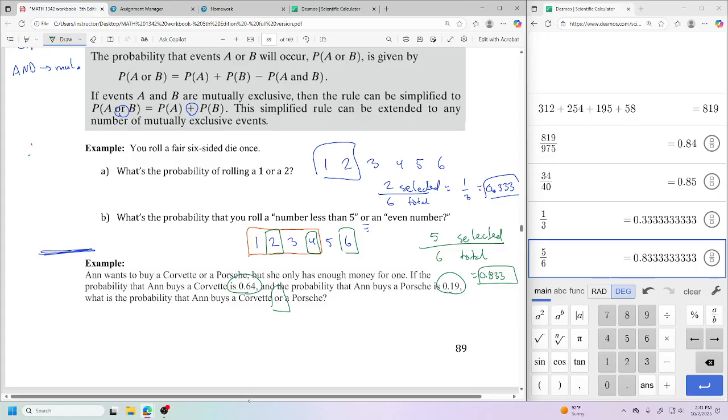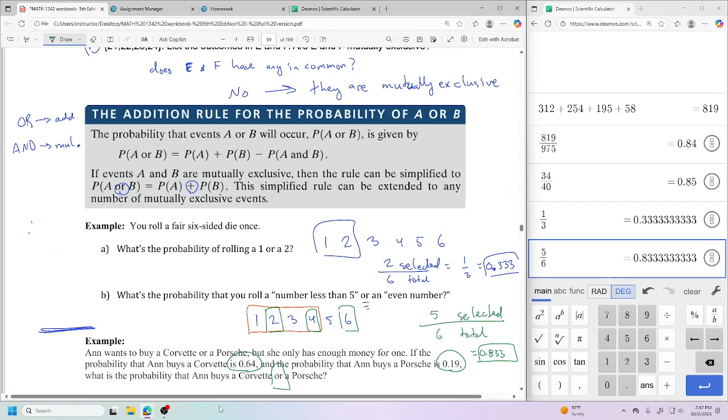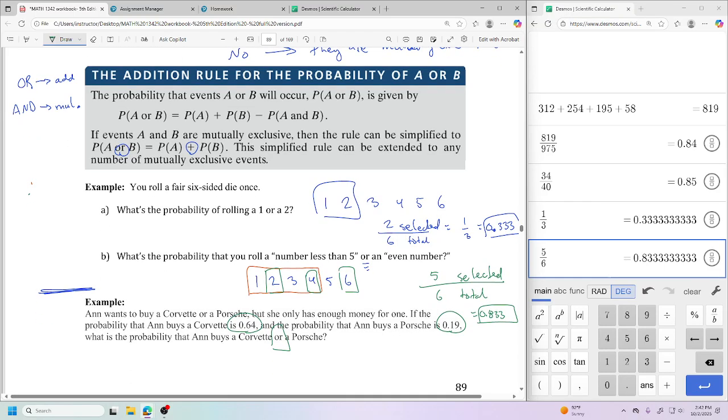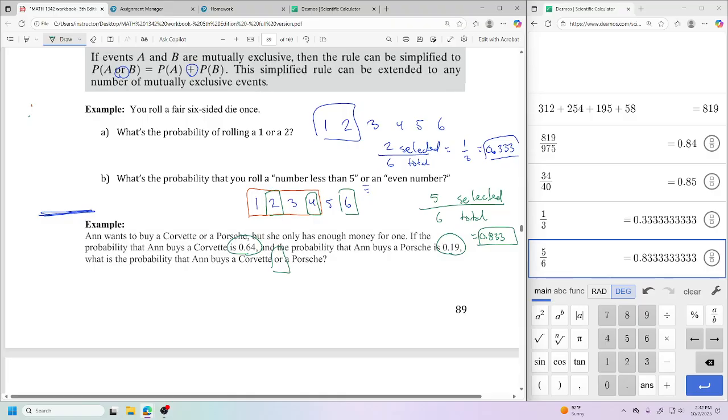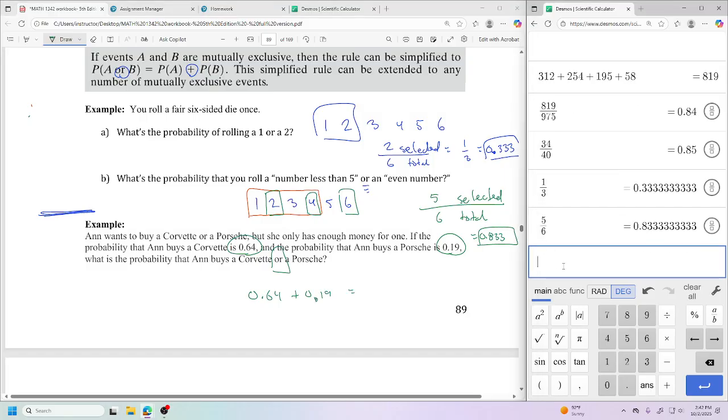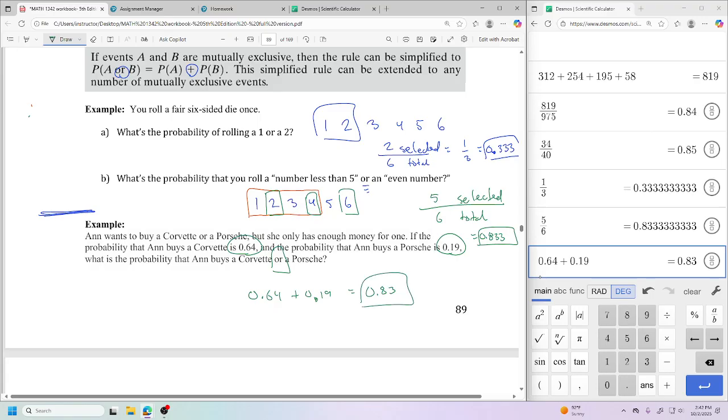We have a probability here, a probability there, and they're totally disconnected. You can't have both, right? And so that goes back to or means add. Just simply put, if I'm kind of lost and I don't know what else to do, and it says or, I'm just going to add them. 100% true. Add them up, get an answer, and we are done with that question. That was all you had to do. Kind of came up to the same number as last time, but there you go.